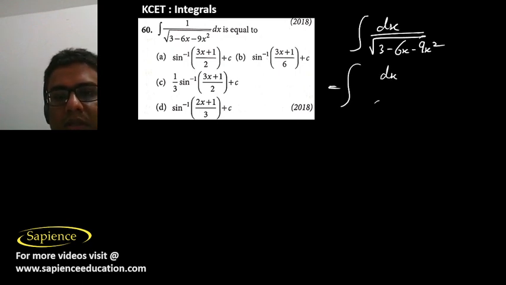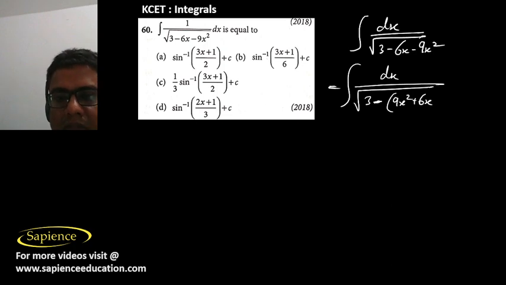This is the integral dx by the square root of 3 minus, I can write, 9x square plus 6x. Now this is 3x whole square, so this is 2 into 3x, and plus 1 we need to make it a perfect square. But minus 1 is not there, so I have to add 1, so this is 4 minus 1, which will be 3.